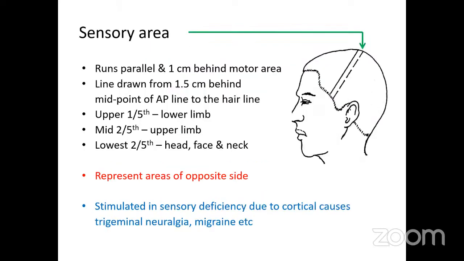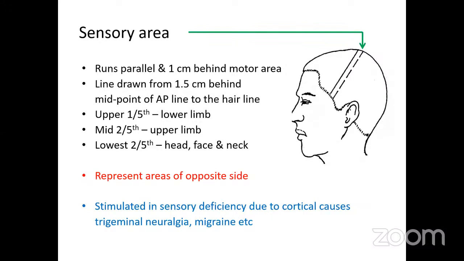Now, sensory area is behind. How much behind? 1 centimeter behind this. Again, a parallel line, parallel to the motor area, intersecting at the hairline. Again, divided into 5 equal parts. Upper 1/5 representing the lower limb, middle 2/5 the trunk, and upper limb.